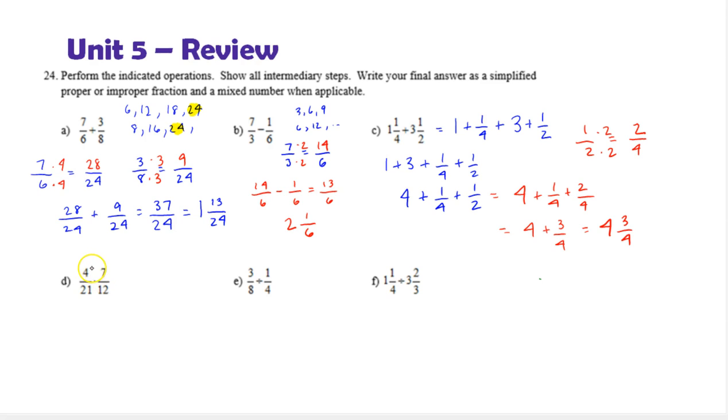So 4 and 12 have a common factor of 4, so I'm going to divide 4 by 4 and I get 1. 12 divided by 4 is 3. Now 7 and 21 have a common factor of 7, so 7 divided by 7 is 1. 21 divided by 7 is 3.